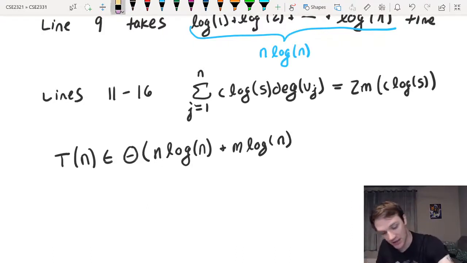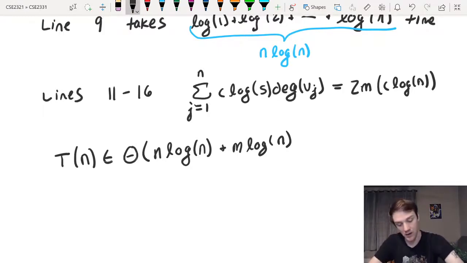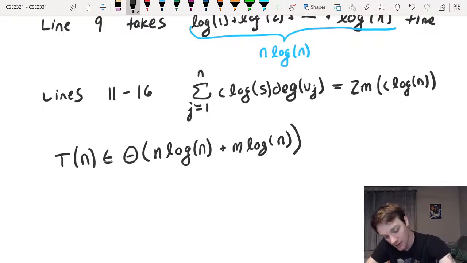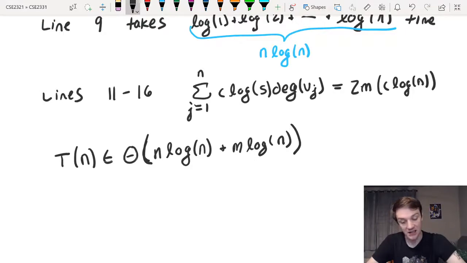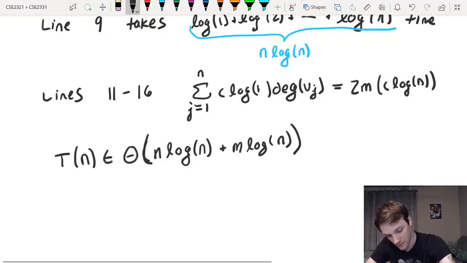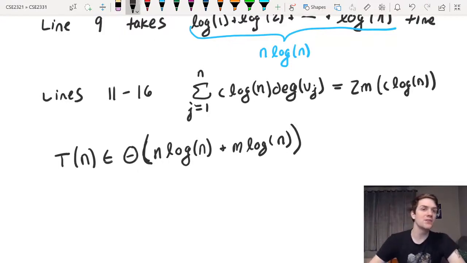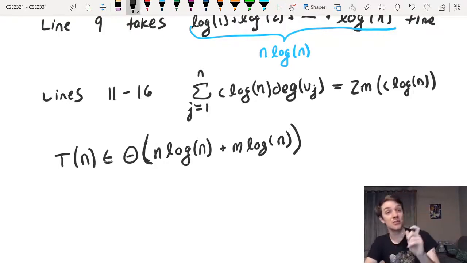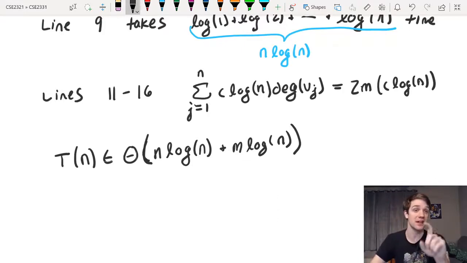Sorry, this should be log n just to make our lives easier, for the second sum. Let's make it log n here as well. Knowing this runtime is going to definitely be better than the last one. The last one was n squared plus m. So we lose a little bit in the second term, but save a lot in the first term. N squared is substantially worse than n log n.